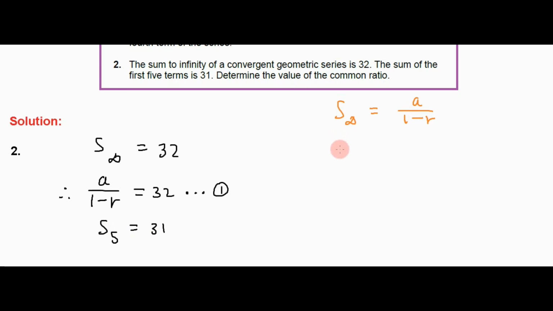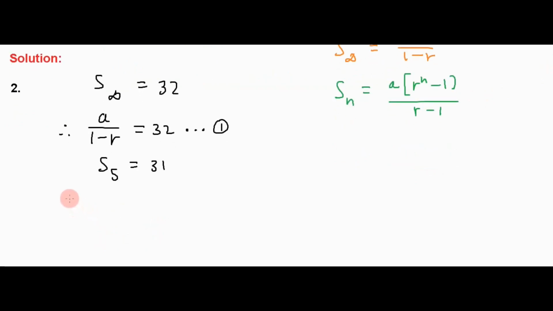And here we can use a sum formula. S sub n is a into r to the n minus 1 all over r minus 1. And rewrite this equation in terms of a and r. So then, using this equation, we have a into r to the 5 minus 1 over r minus 1.